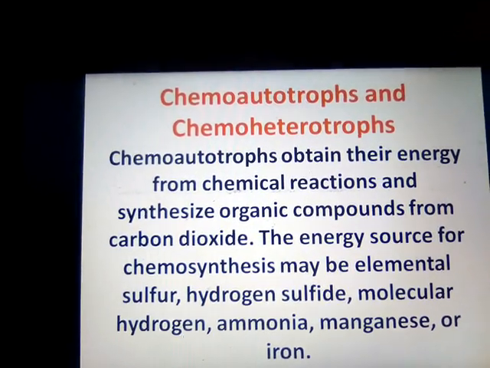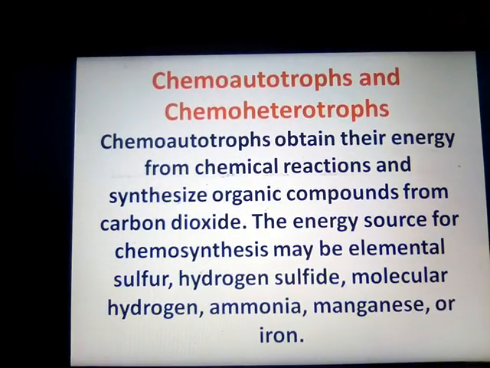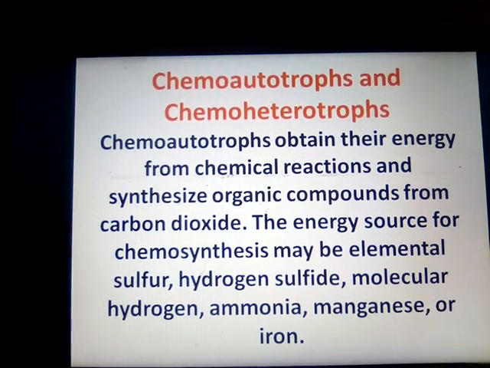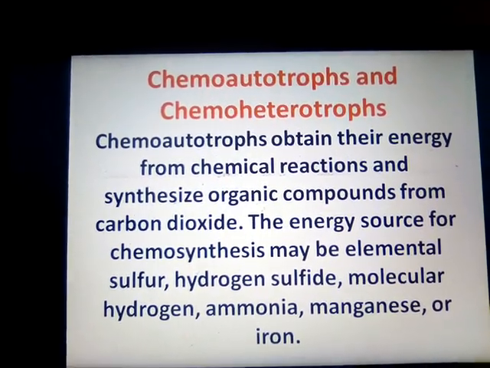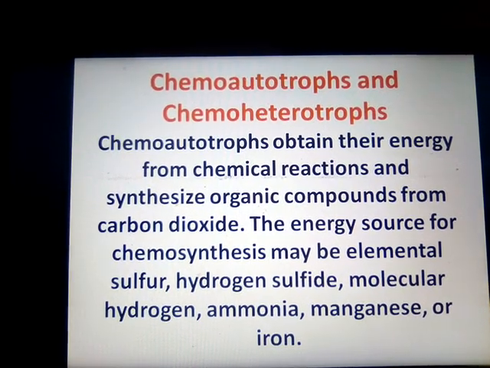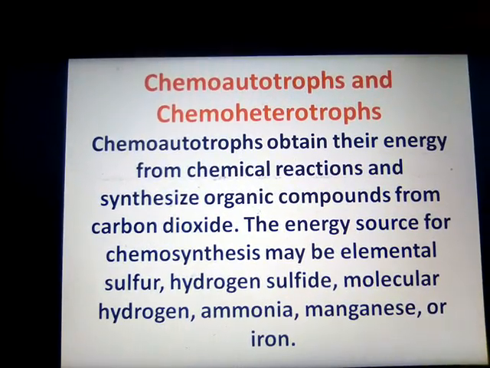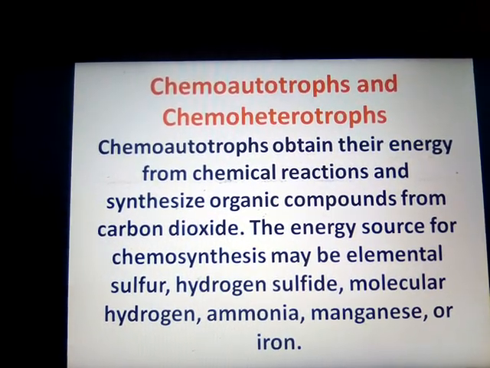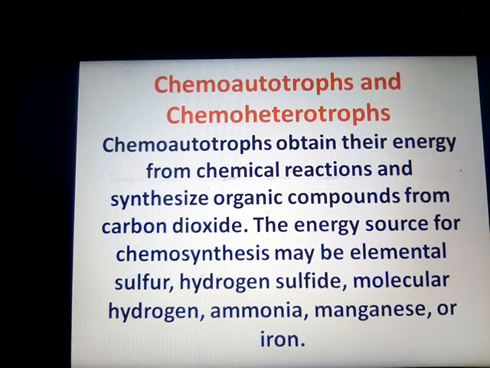Subheading: Chemoautotrophs and chemoheterotrophs. Chemoautotrophs obtain their energy from chemical reactions and synthesize organic compounds from carbon dioxide.